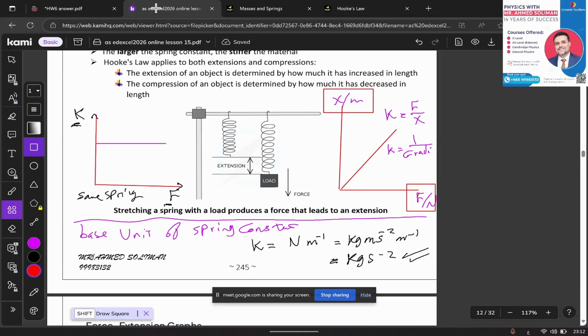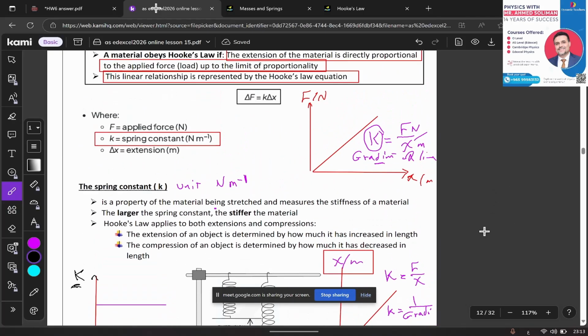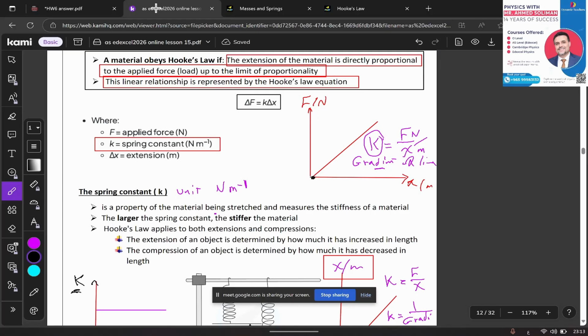And as you see, to describe this relationship, the line must be straight and start from the origin point. If you want to draw the relationship between force and extension for any spring that obeys Hooke's law, it must start from the origin point 0, 0, and must be straight.